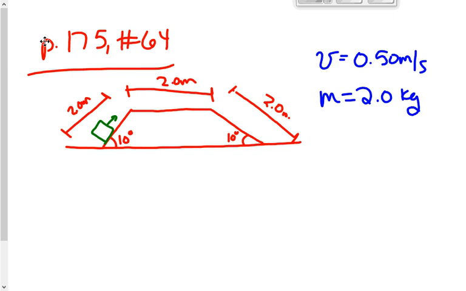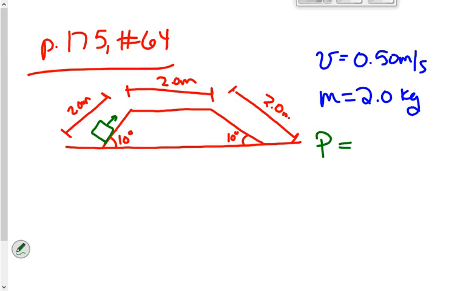So we want to find the power due to the conveyor belt. And what kind of formula am I going to use for that? I could use that power is equal to dW/dt, but then I'd have to find the work. What's another way that I can express power?